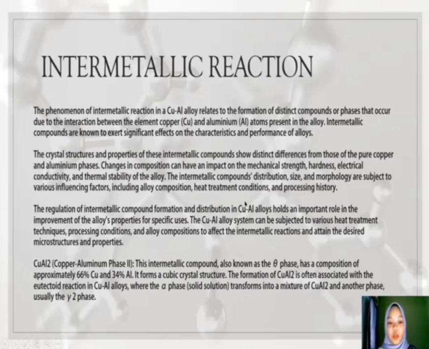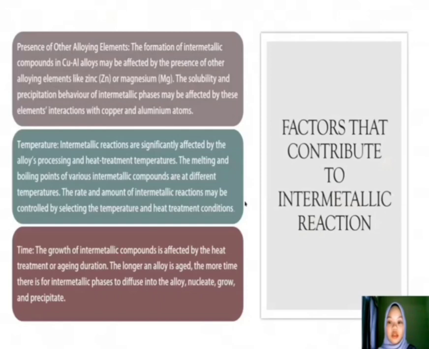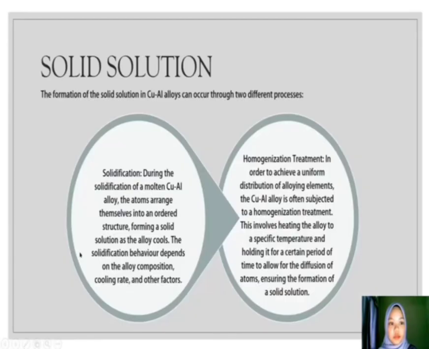Changes in composition can have an impact on the mechanical strength, hardness, electrical conductivity, and thermal stability of the alloy. The factors that contribute to the intermediate reaction are three: presence of other alloying elements, temperature, and also time.